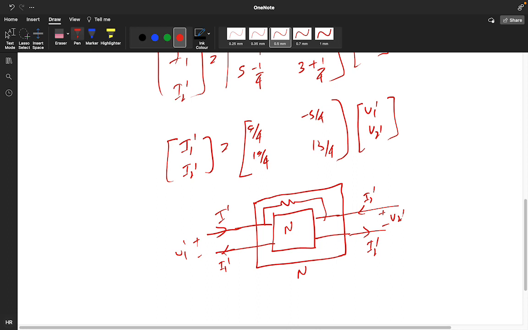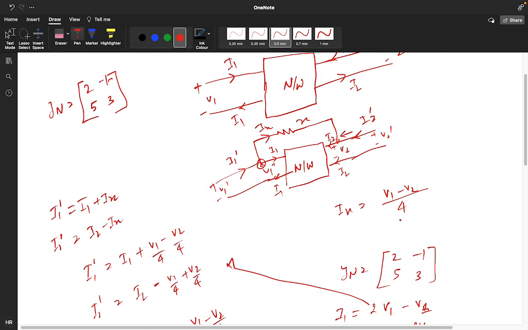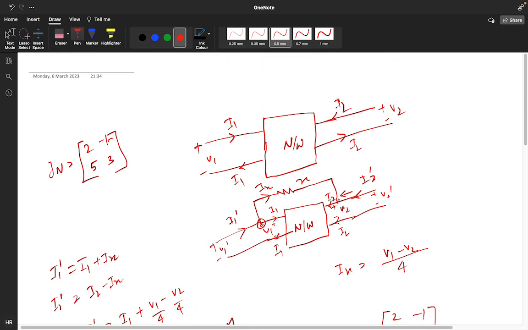Once again. See, it's not a very big problem, it's a very simple problem. So what I did, you have a two-port network. In the question it is given that this is a two-port network and its y value is 2, minus 1, 5, 3.